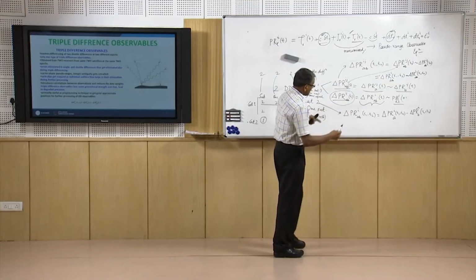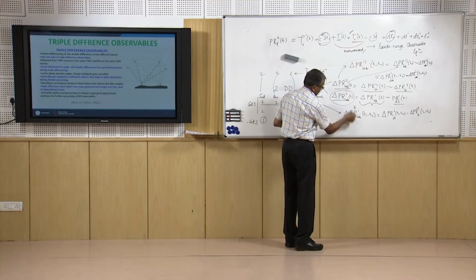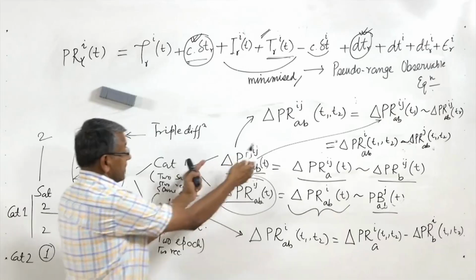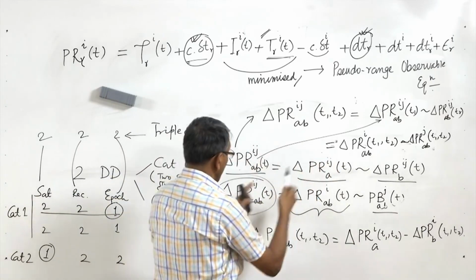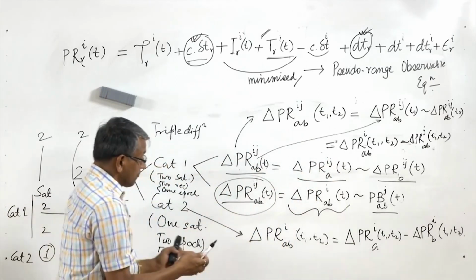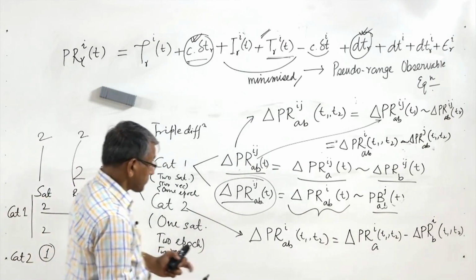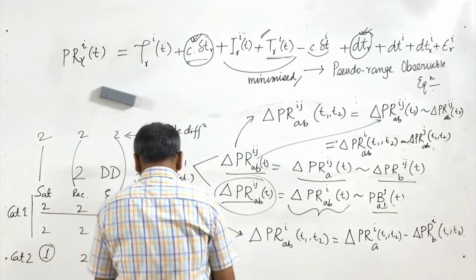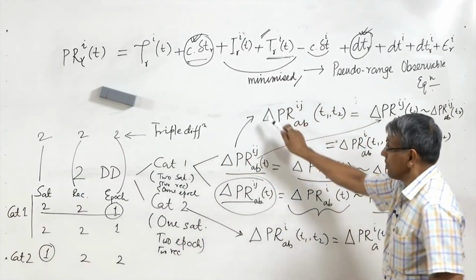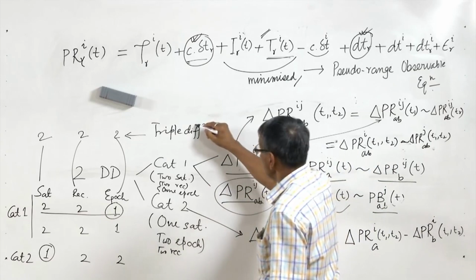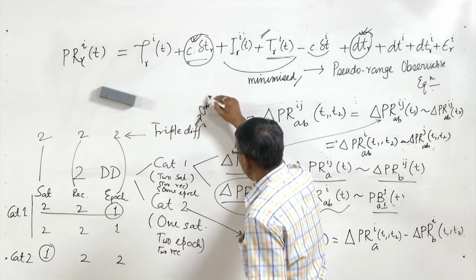So, there are three varieties of double difference. I can take this one for the T1 and this one for T2. So, in that way ultimately we will end up with the same, only one output, only one type of triple difference.